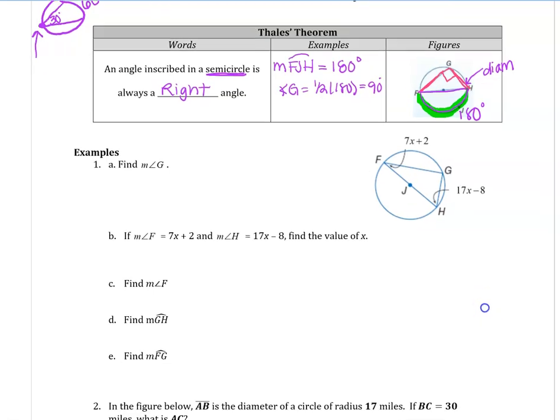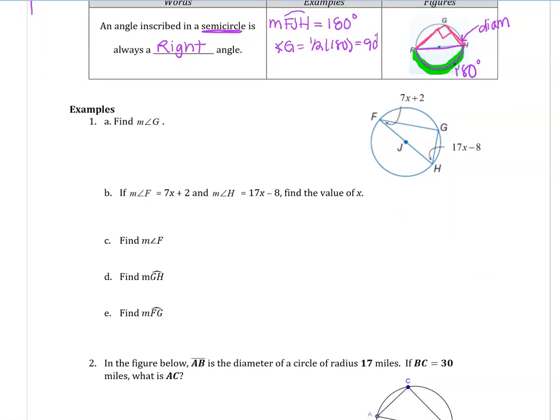Coming down to our first example, the first thing you should recognize is that angle G must be a right angle because it's an inscribed angle in a semicircle. That's because the measure of this arc is 180, so the measure of angle G is simply 90 degrees.